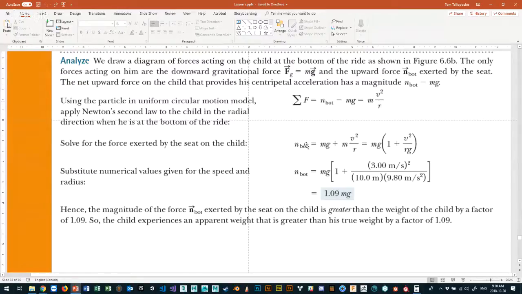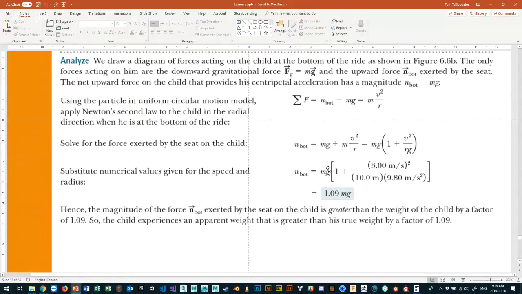Once we move the normal force to the other side and solve for normal force at the bottom, we get mass times gravity plus mass times v squared over r. We can remove the mass, or mg, in fact, and say that it is mg times 1 plus v squared over rg. That is the formula we're using.